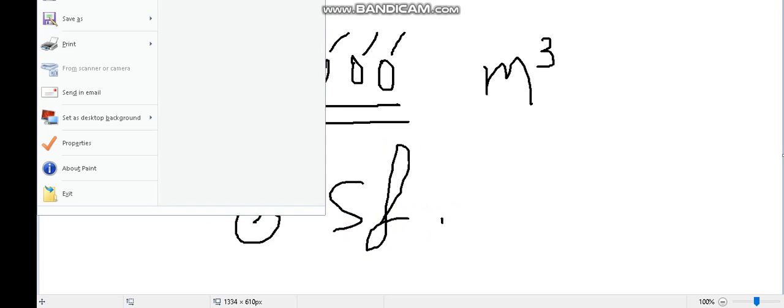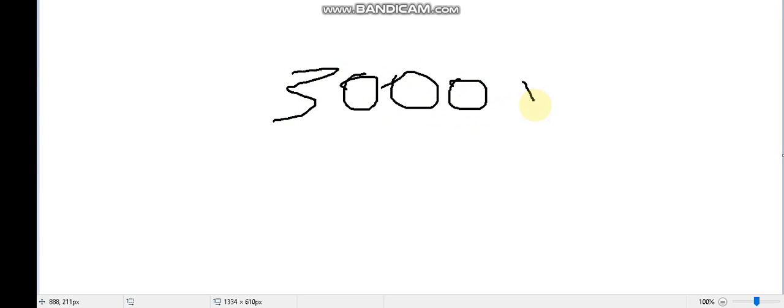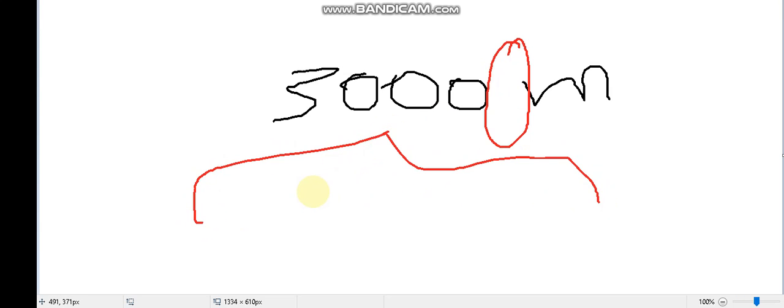Let's go for the last rule. Now, if you have a number, for example, like 3000 meter, and there is no dot, no decimal, that means it may contain from 1 to 4 significant figures, depending on how many zeros are placeholders.